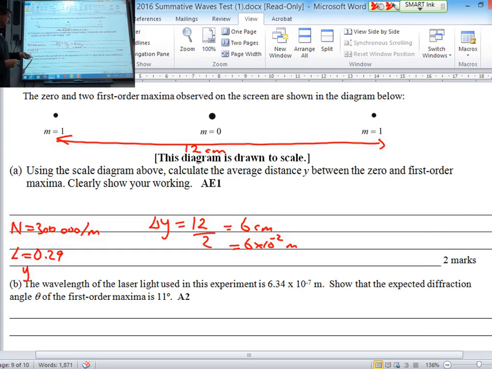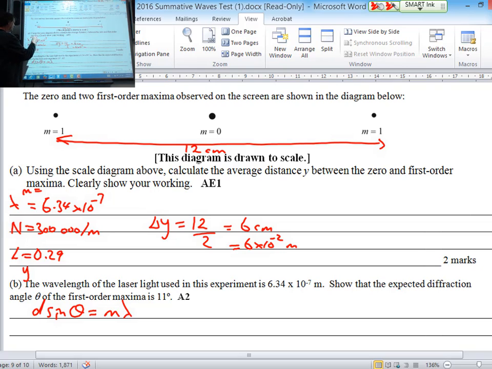Now the wavelength for laser light used in this experiment is this much. I've told you the wavelength in as well: 6.34 by 10 to the minus 7. Okay, and it says show the expected diffraction angle theta is 11. So you're trying to find theta here. So we're looking at d sine theta is equal to m lambda, where m is equal to 1, first order spectrum, okay?